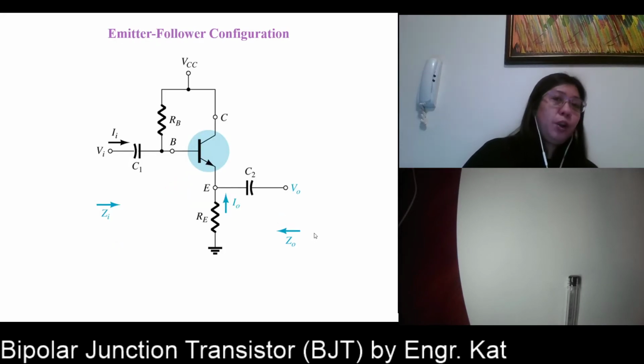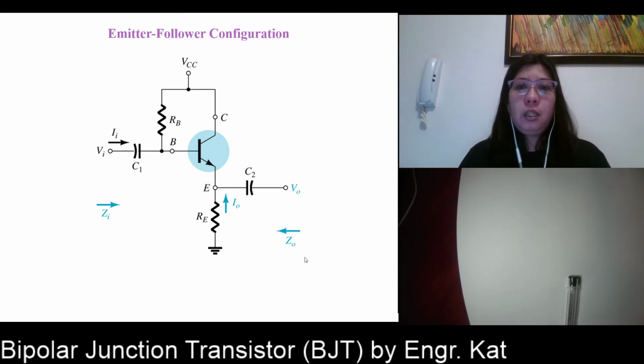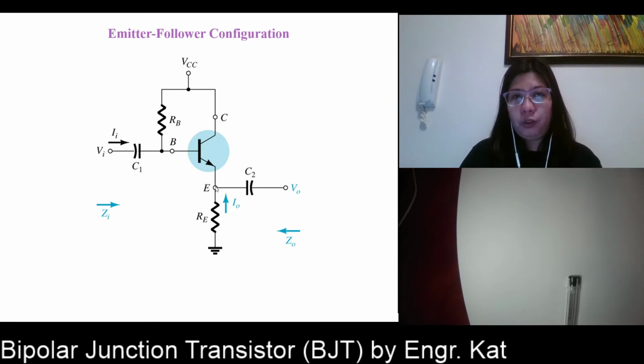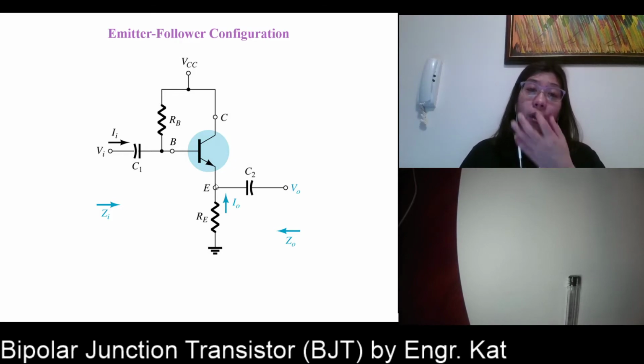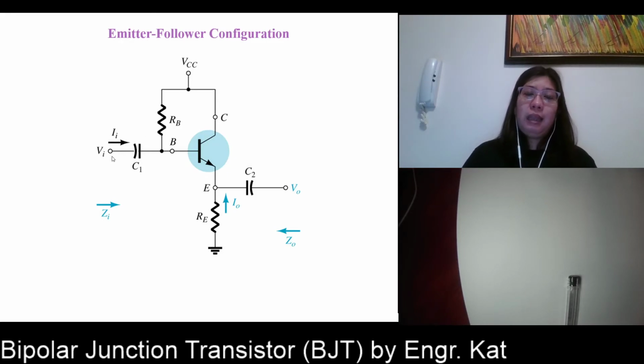So for the emitter follower configuration, what is the difference here, class? The difference is that your output is being taken at the emitter terminal. While the common emitter configuration outputs are taken at the collector, although both have the input applied at the base.